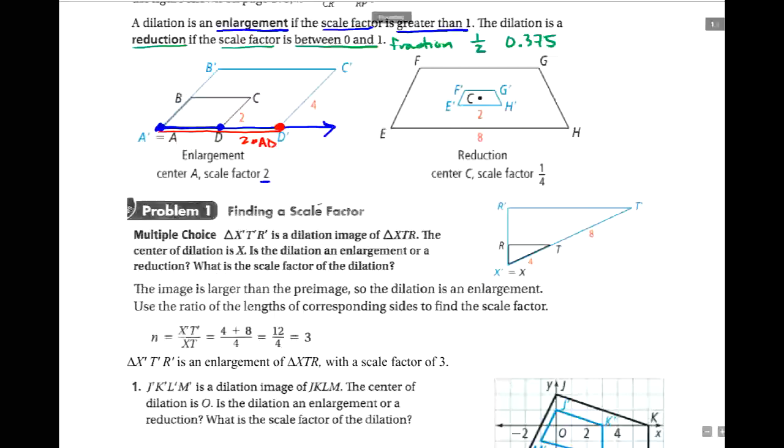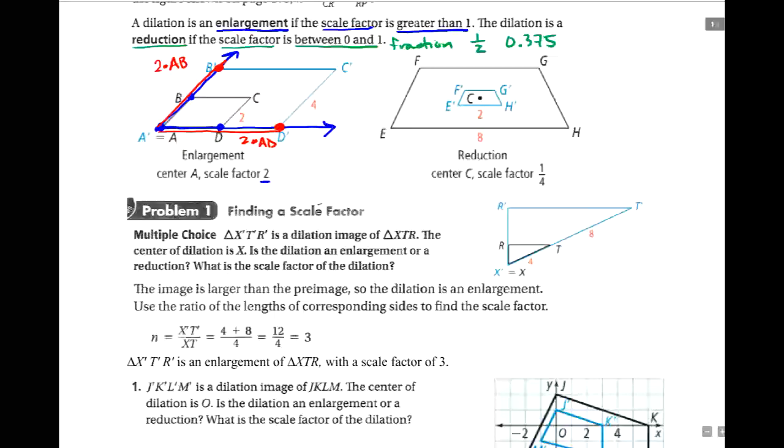And then we do that for the next point. We take point B, and we draw our ray. And then we measure length AB, and then we multiply that by 2, and we get point B prime. And the length from A to B prime is 2 times the length of AB.